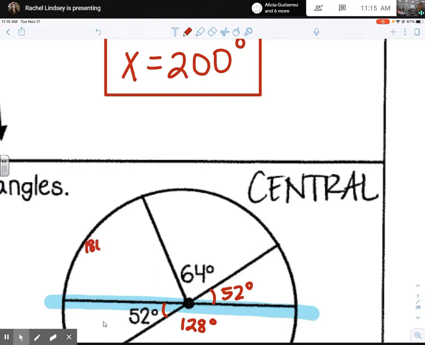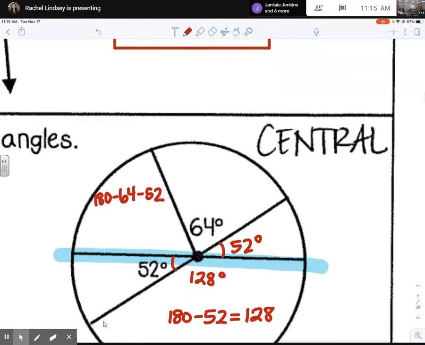So 180 minus 116, that gives you 64. Easy, 52 and 64.